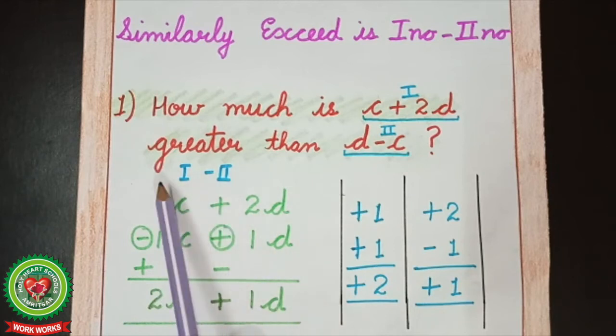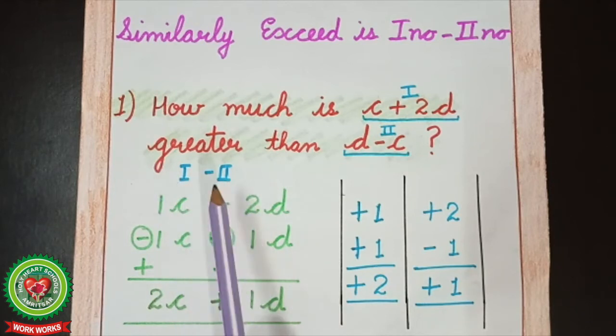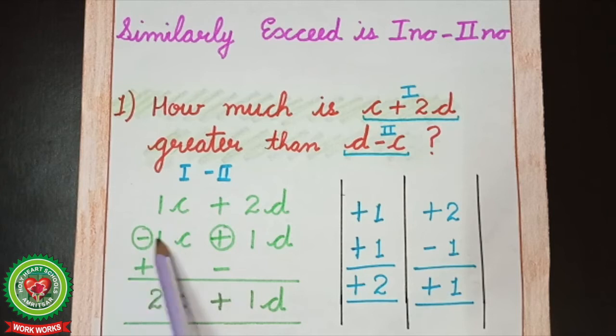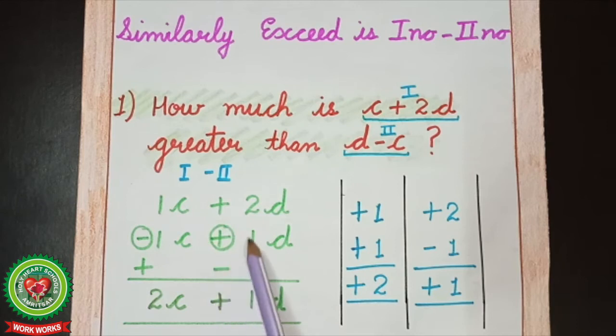Now students, because we are doing first minus second, we are doing the subtraction. So whenever we do the subtraction, we always use lock and change, right? After locking plus, it will change into minus, and after locking minus, it will change into plus. Now we will have plus 2 minus 1, which is equal to the sign of the bigger term, subtract the numbers, so you will get plus 1, and d will remain the same, that is 1d.